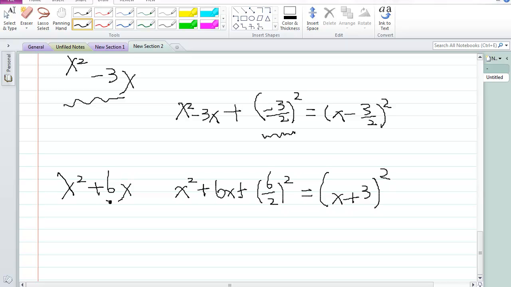You can write this term out as 9 over 4, or you can just leave it there, as long as you know what it is. You can just write out the whole thing again if you want to.